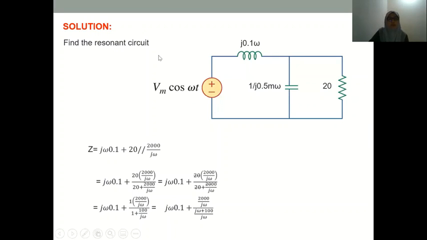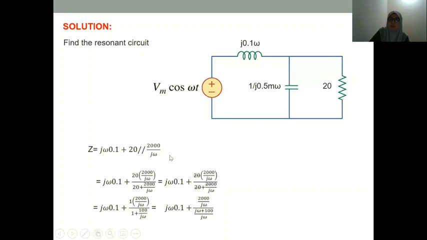In the first place, you just find the equivalent circuit. It gives you j 0.1 omega for the inductance, 1 over j 0.5 milli omega for the capacitance, and 20 ohms. So the total impedance here is 20 in parallel with 1 over j omega 0.5 milli.